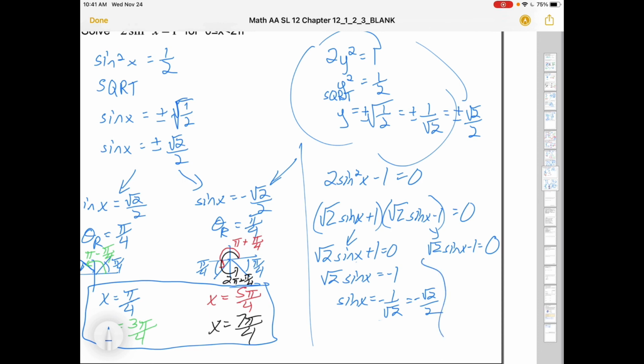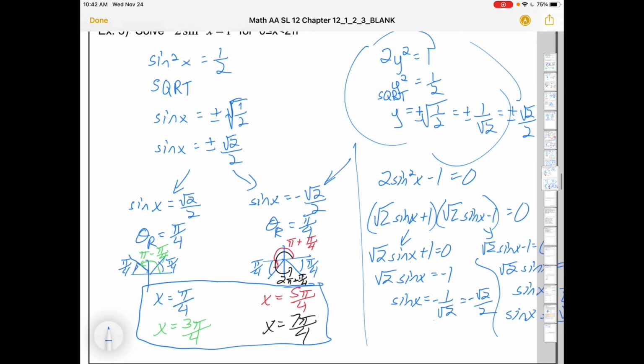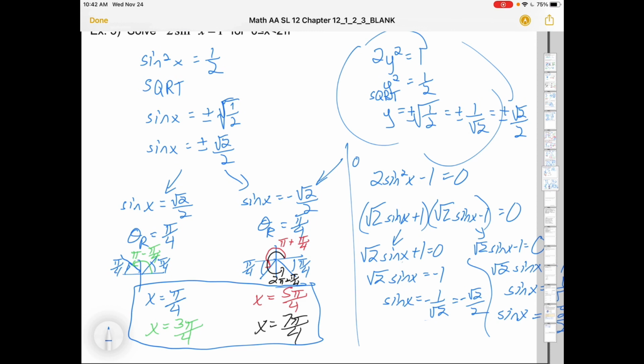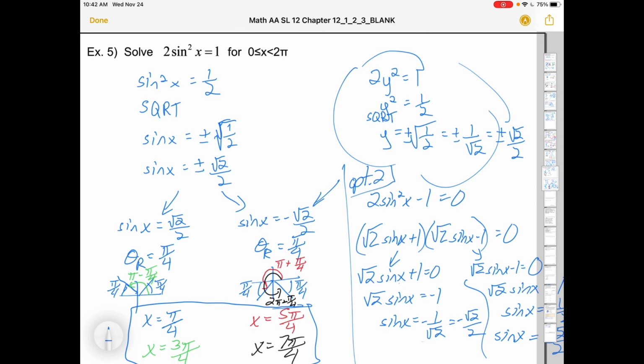And the other one's going to be root 2 sine x equals 1, so sine x is 1 over root 2, or root 2 over 2. And we'd still need to solve these. I'm not going to do it again because we just did it over here. So this is sort of option 2. I think if all you've got is a squared term, then probably do this square root principle like we did initially here.